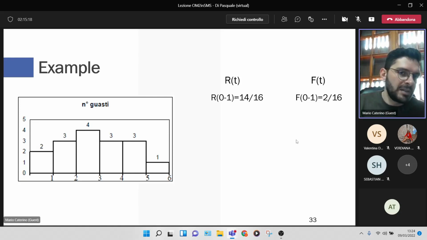The unreliability is simply 1 minus the reliability, but you can also look at unreliability as the number of systems failed on the total number of the population. So reliability is 14 on 16, unreliability is 2 on 16, because only 2 failed.